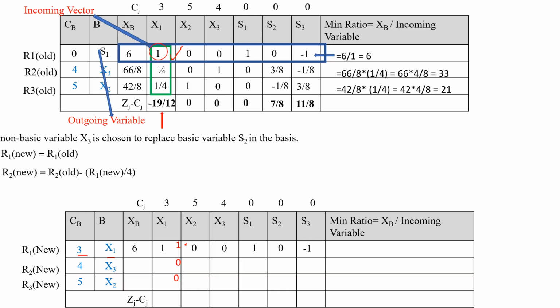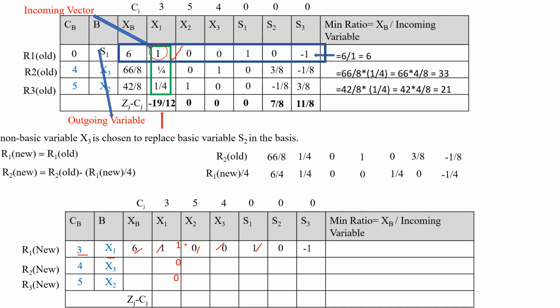R2 new equal to R2 old minus R1 new divided by 4. So first I write down the R2 old elements, that is 66 by 8, 1 by 4, 0, 1, 0, 3 by 8 and minus 1 by 8. So next to write down R1 new divided by 4, that is 6 by 4, 1 by 4, 0 by 4 is 0, 0, and 0 by 4 is 0.